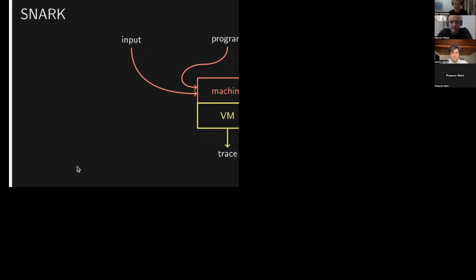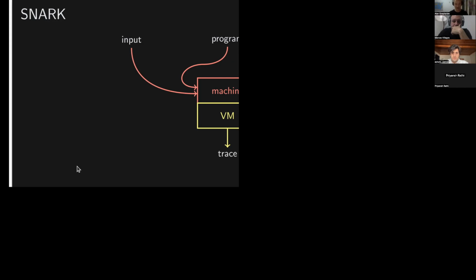Right. So I was saying, from an abstract point of view, we have the input that is sent to the output by the logic specified in a program. And the virtual machine computes this transformation. And if we record the state at every point in time of the virtual machine, then we have a trace. So the trace is a list of states.